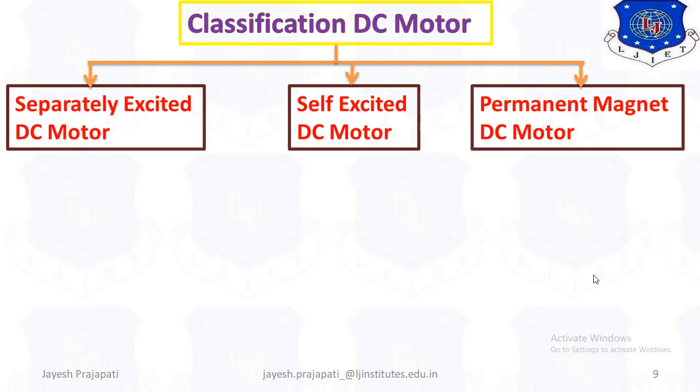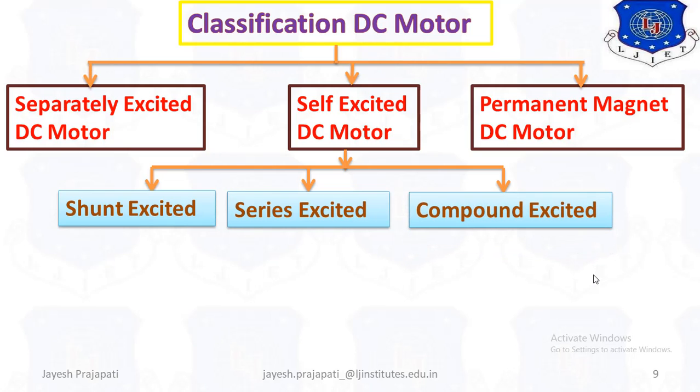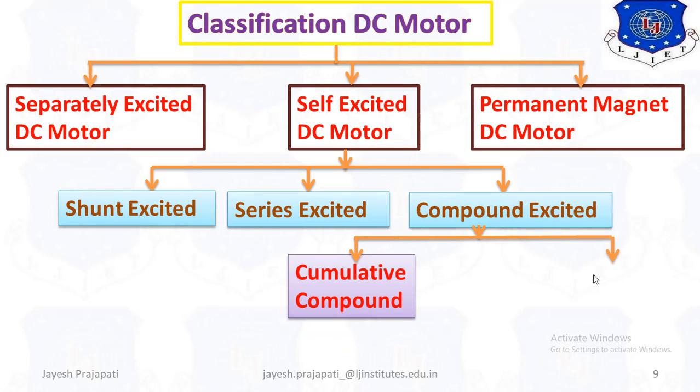Now depending on the way of connecting armature and field winding, a self-excited motor can be further classified in three manners: first, shunt excited DC motor; second, series excited DC motor; and third, compound excited DC motor. A compound excited DC motor can be further classified as cumulative compound DC motor and differential compound DC motor.